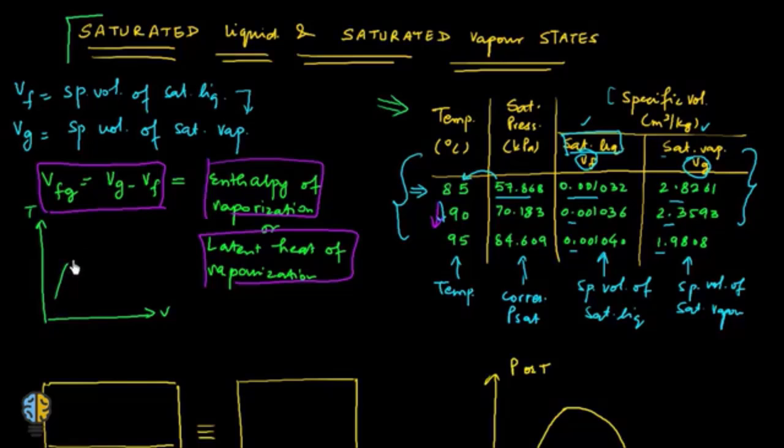So this is how you used to have that plot. The length of this line is basically giving you the enthalpy of vaporization. As the pressure or the temperature goes up, the horizontal lines keep on getting shorter, so the enthalpy of vaporization keeps on decreasing, and as you approach the critical point, it becomes zero.